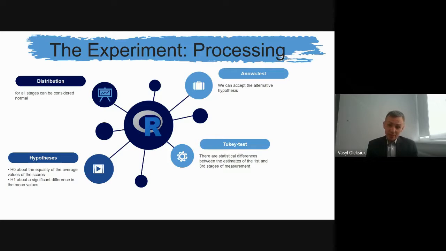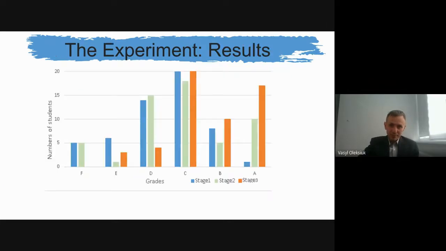these changes. We also used the Tukey Honest Significant Difference test to test which stages of the study had a significant difference in averages. So we can state the statistical difference between the estimates of the first and second stages of measurement.